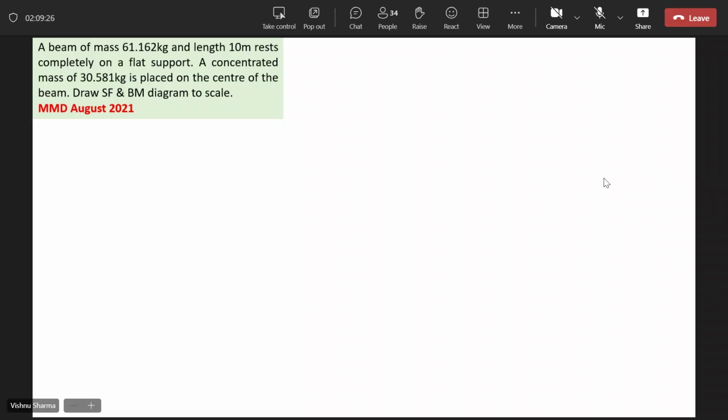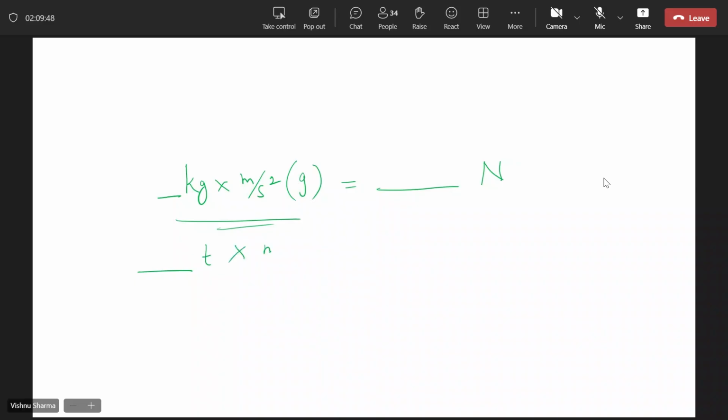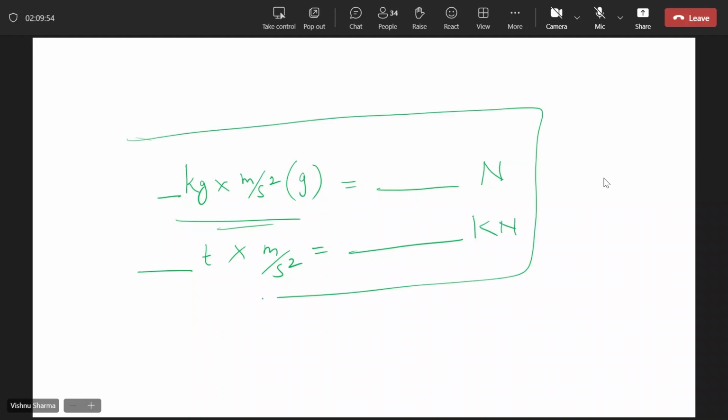Now please make a note of it here, that when you multiply any value in kg with acceleration due to gravity, that is g, it will give you the answer in newtons. If you multiply something in tons with meters per second square, this will give you the answer in kilonewton. Is that clear, beta? Please be careful.